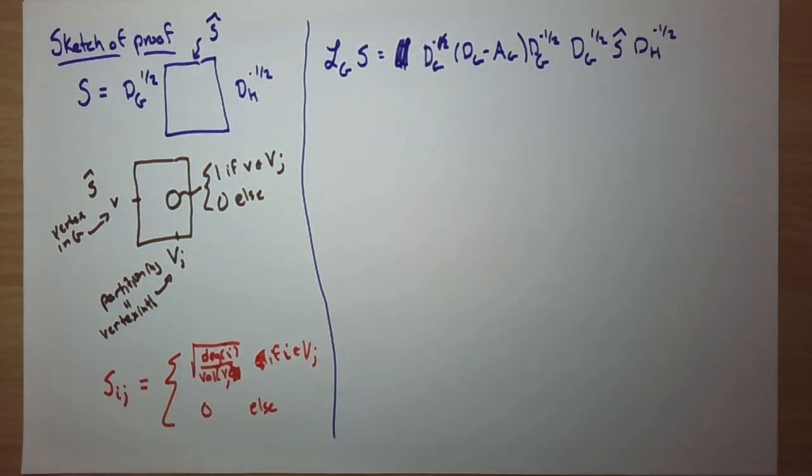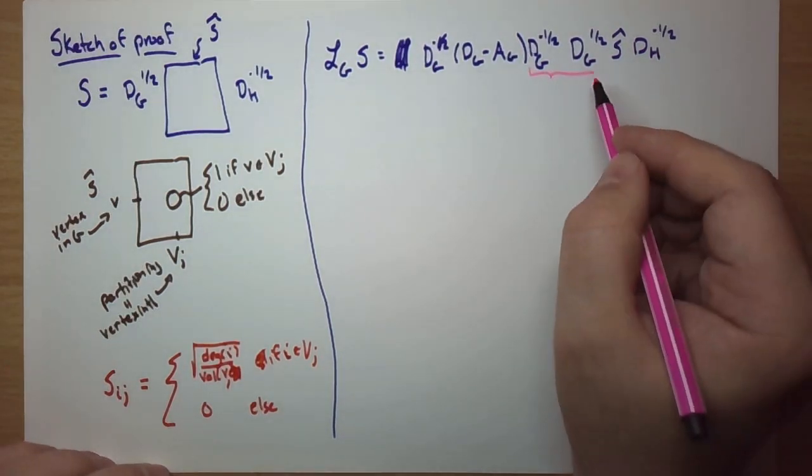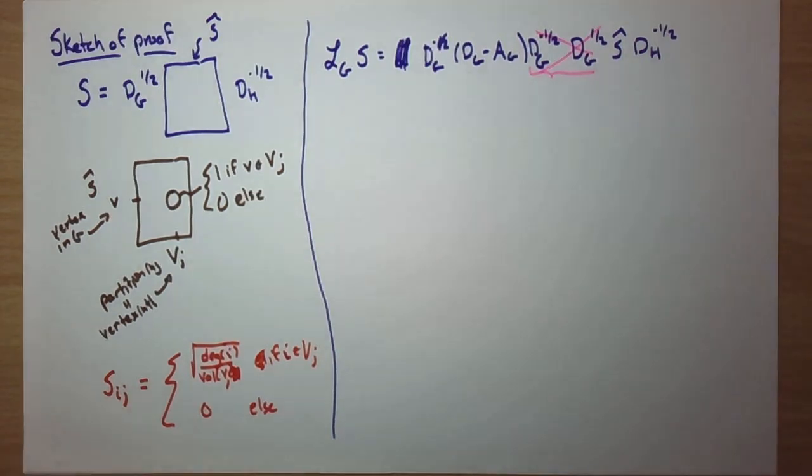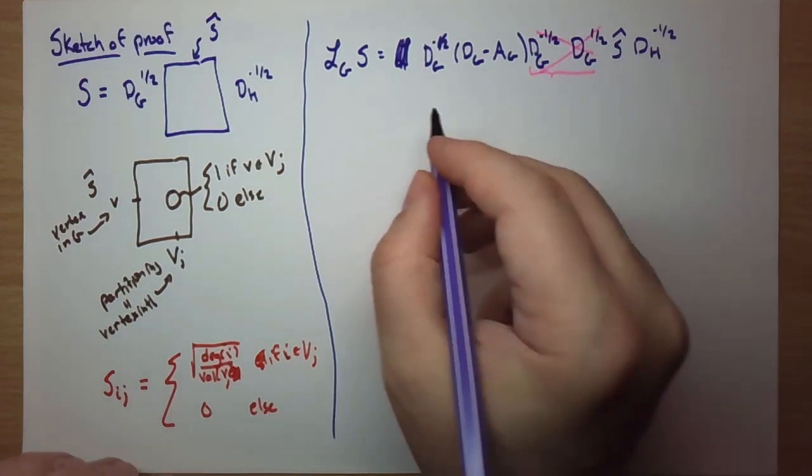All right. Well, good news. The middle two terms cancel each other out because we have to the minus 1/2 times to the 1/2. Life is good. All right. Well, so what does this become?